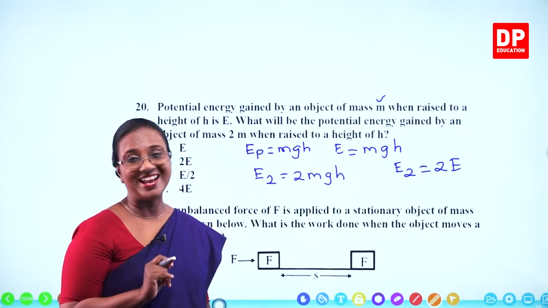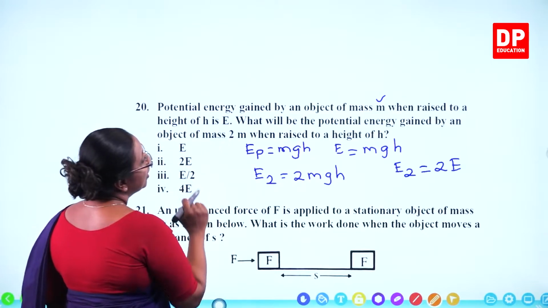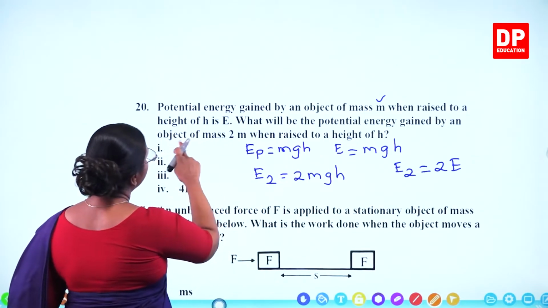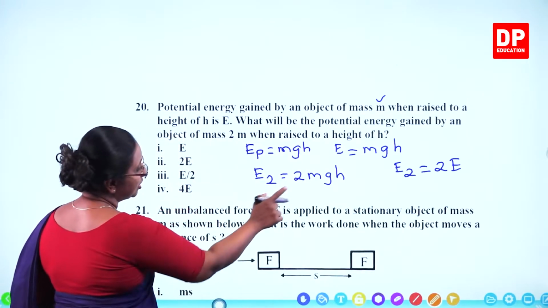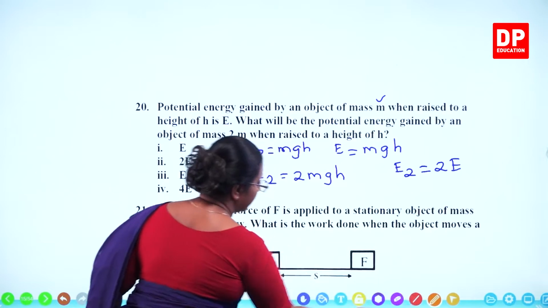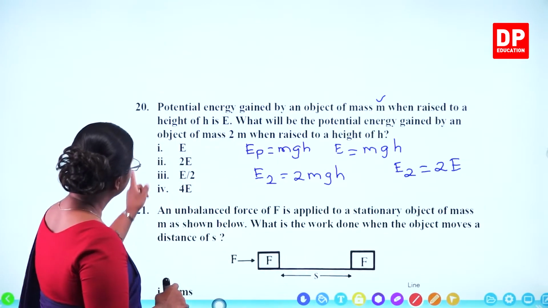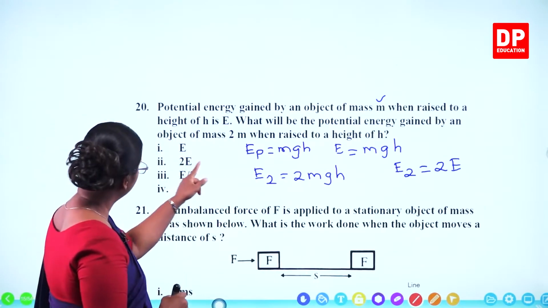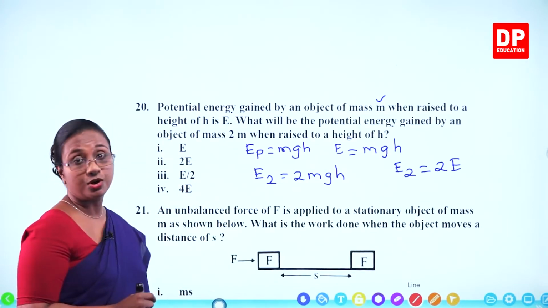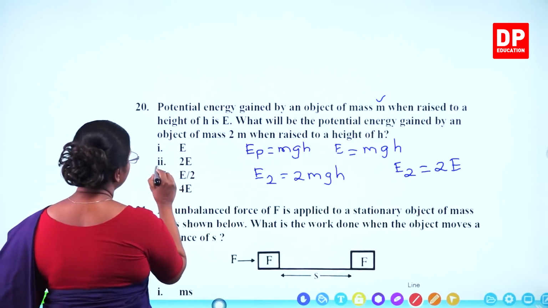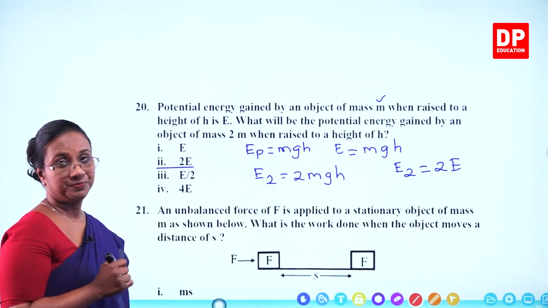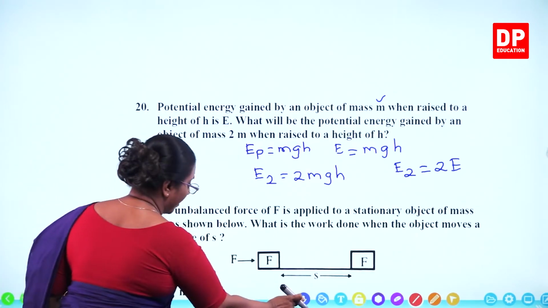I'm sure you can understand that. So, the potential energy gained by an object of mass 2m when raised to a height of h is going to be 2E. So, that is the answer we need. E not correct, 2E correct, E by 2 not correct, and 4E also not correct. So, it should be 2E. Then the next one.